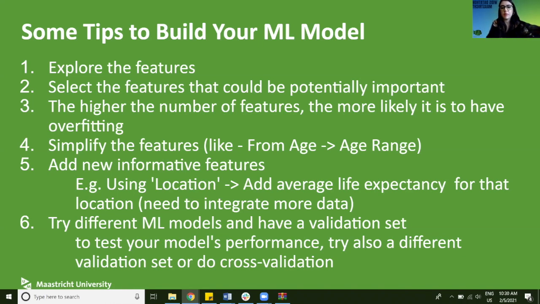However, keep in mind that you need to integrate more data to do these things. Also, it is recommended to try multiple machine learning models, so don't focus on just one model and improve it, and have at least a validation set to test your model's performance, or just do cross-validation.